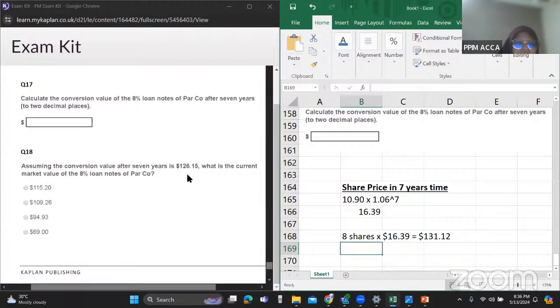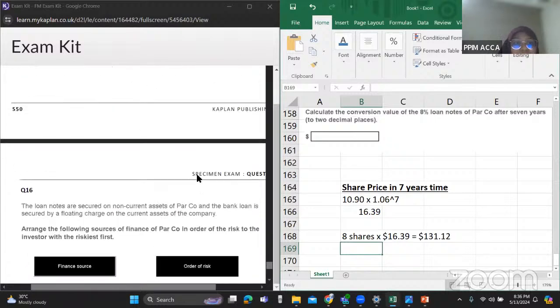The next thing is, how do we go about this question, right? Now we know for every loan note of ours, if you convert, you will get 8 shares and all of them together will be worth 126.15. So in other words, your one loan note will be valued at 126.15.